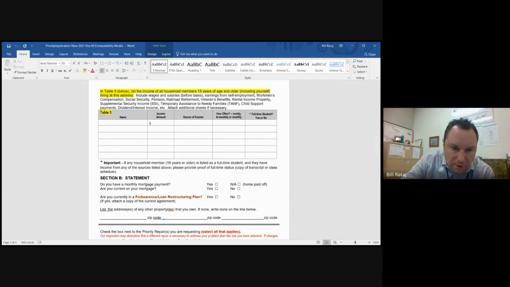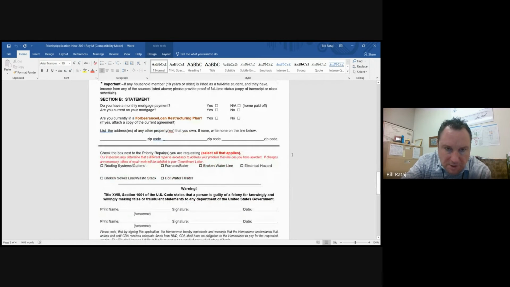Okay. So then once you fill that section out, the next section is we need to know if you have a mortgage payment. And you can just click yes or no. Or if you already paid off the home, you don't have a mortgage, you can click not applicable. And then we need to know if you're current on your mortgage payment.